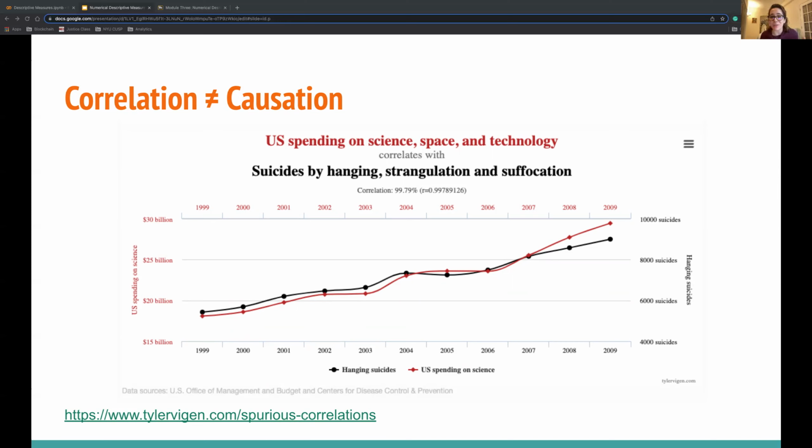But we shouldn't assume that the more the US spends on science, the more of these incidents are likely to happen. I just took this from a website where he developed a bunch of different spurious correlations. I think this one is interesting because they're almost precisely similar, but we can't say these two things cause each other. They're just correlated. So we need to be careful when we're looking at our data and making any interpretations from it.